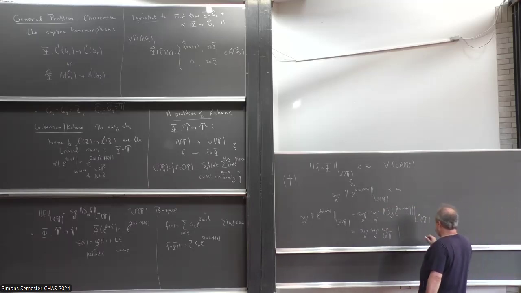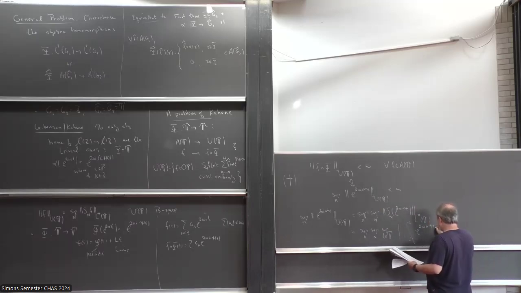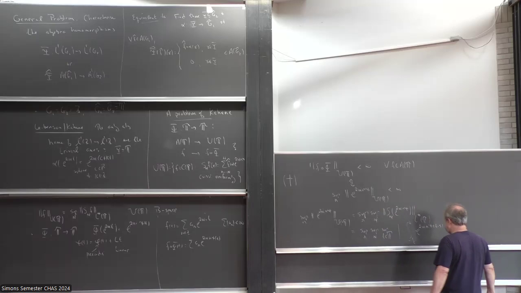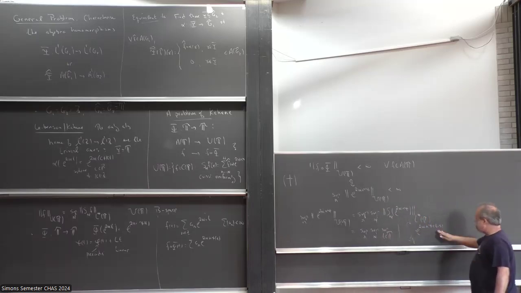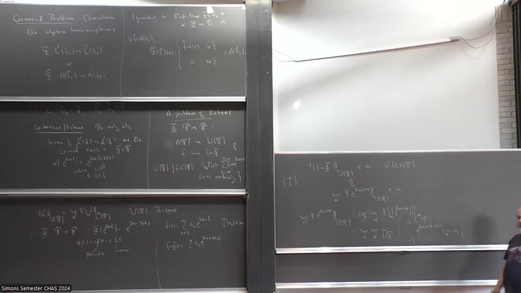So I'm integrating from -1/2 to 1/2, convolving e to the 2 pi i n of psi of t minus s. This is a function of t, so I'm taking the L infinity norm as a function of t. I'm convolving this with the Dirichlet kernel at s ds, and I've got to show that this is finite.